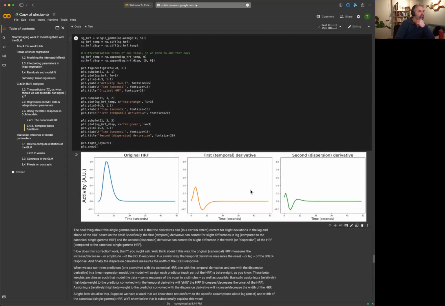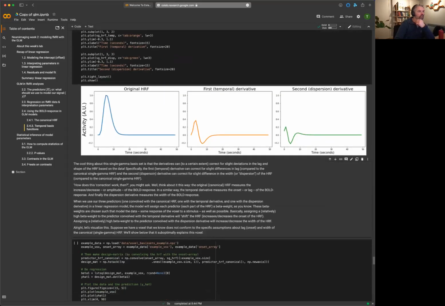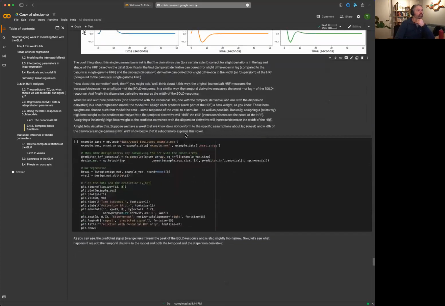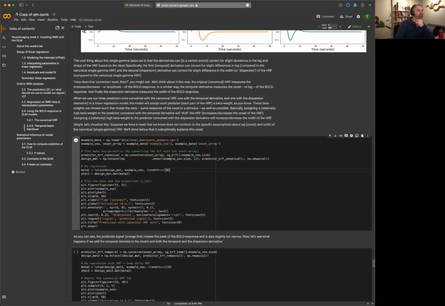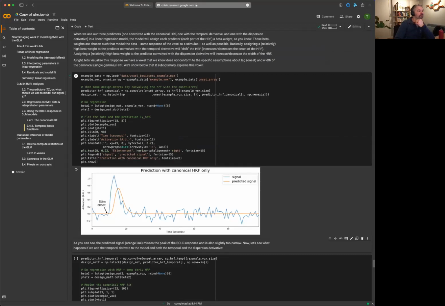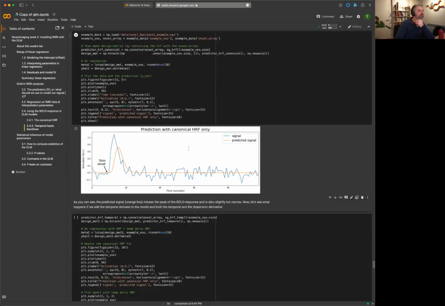So what we can use is three different HRF shapes where we have an original HRF and then the temporal derivative and the dispersion derivative, and you can combine these to create HRFs of varying shapes. So this actually exemplifies what I just pointed out in the original data.